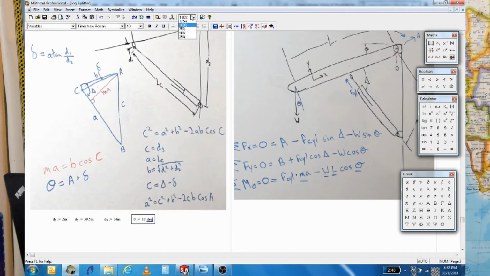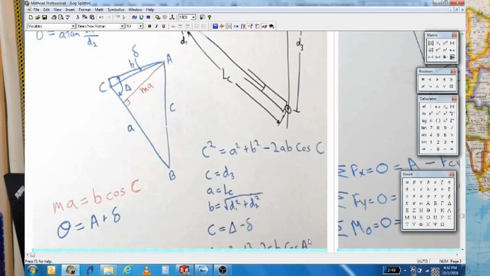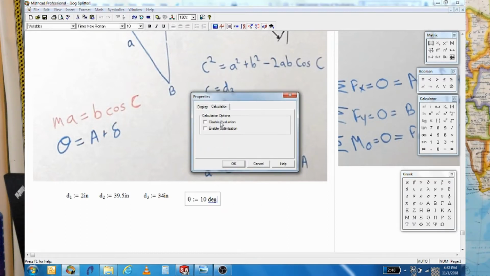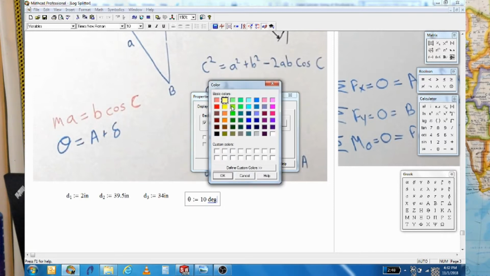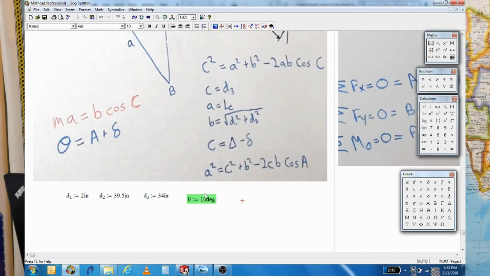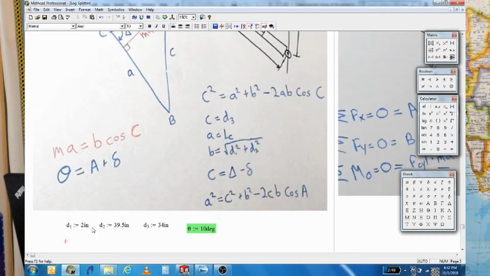Now, let me make this bigger for everybody so we can all see it. When we have input variables like this that change, I love to put them in a green border. Highlight the region and make it green so that when I'm scrolling through this, boom, I can see it very easily.